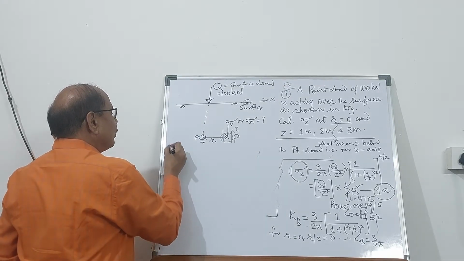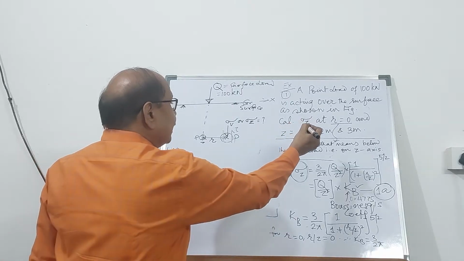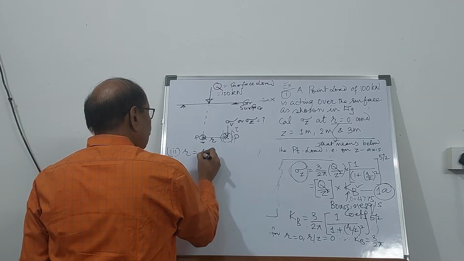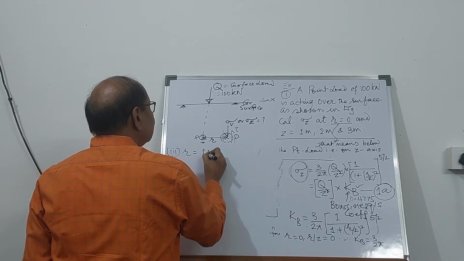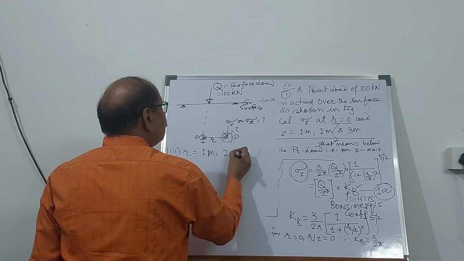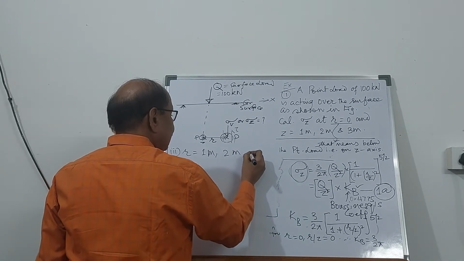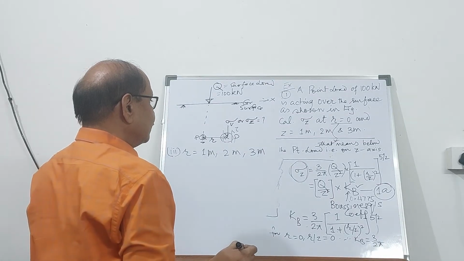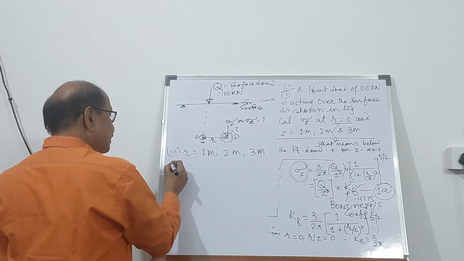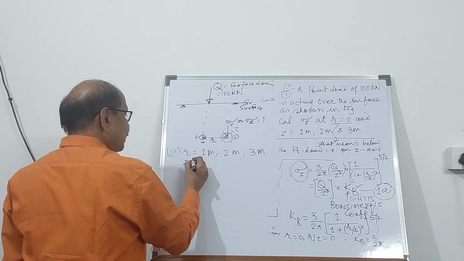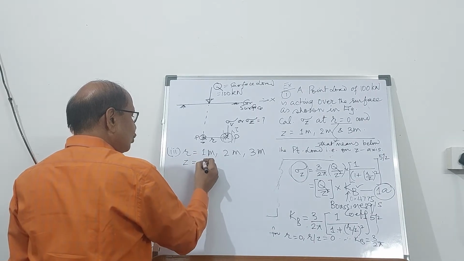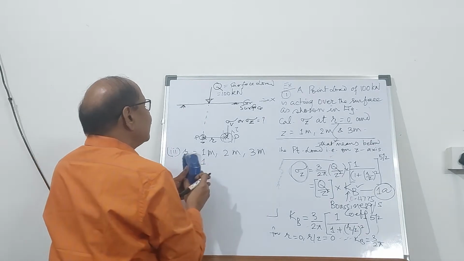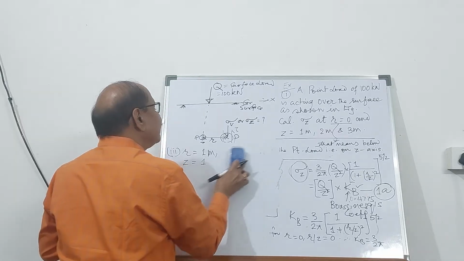The third part could be, say, r is now 1 meter, 2 meter and 3 meter, and the depth z is for r equal to 1 meter, or let us say r equal to 1 meter only.